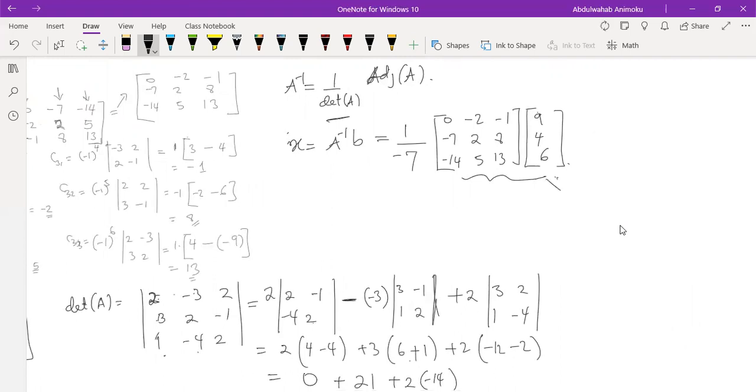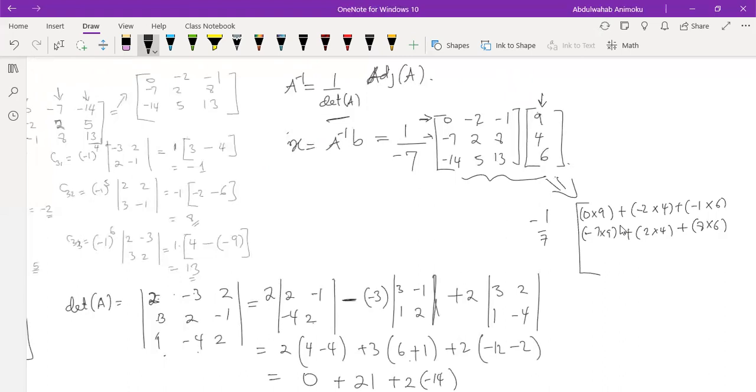So let's see, what do we obtain when we multiply those two? We still have minus 1 over 7 here. We'll multiply the first row with this column. So 0 times 9, plus minus 2 times 4, plus minus 1 times 6. The next row will be minus 7 times 9 plus 2 times 4 plus 8 times 6.